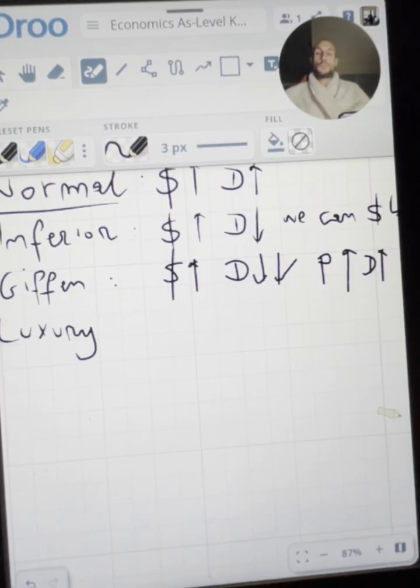Okay, getting the point. Now, luxury goods are a special type of normal good, with the difference that the demand rises proportionally more than income.